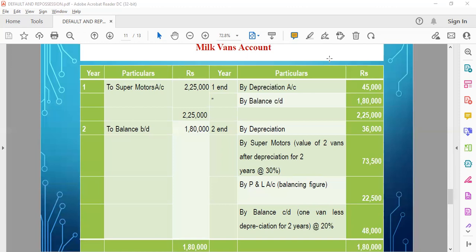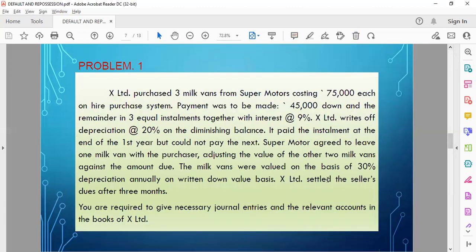How much is the depreciation? 1,50,000 into 30 by 100. Why are we calculating 30% depreciation for these two machines? They have given it in the question: the milk vans were valued on the basis of 30% depreciation annually on written down value basis. For which vans? The vans which they are going to take with them.